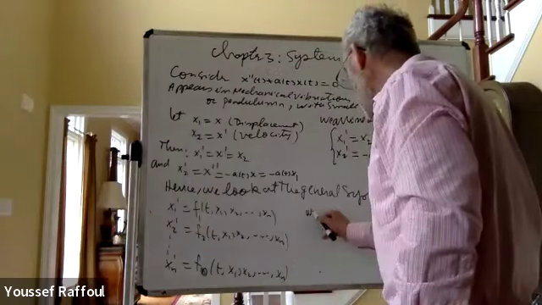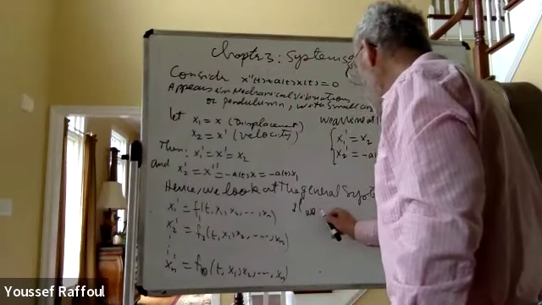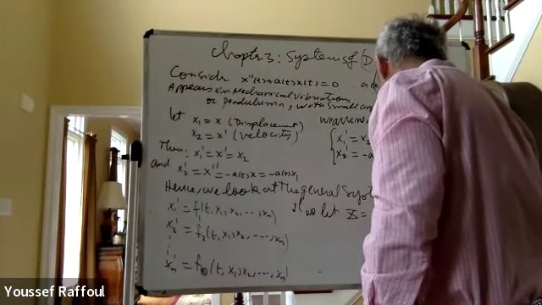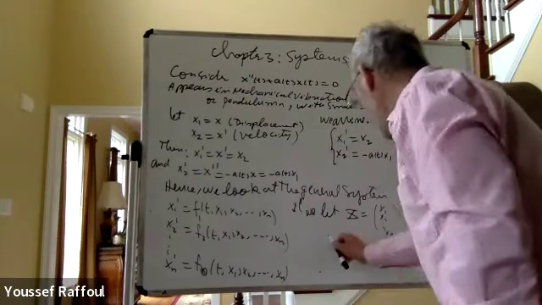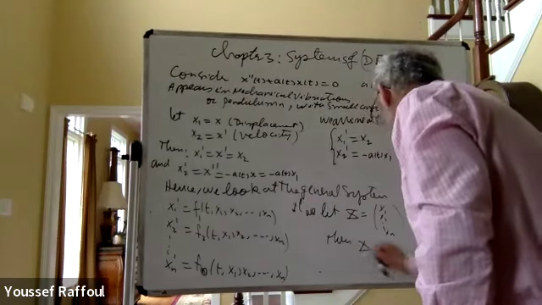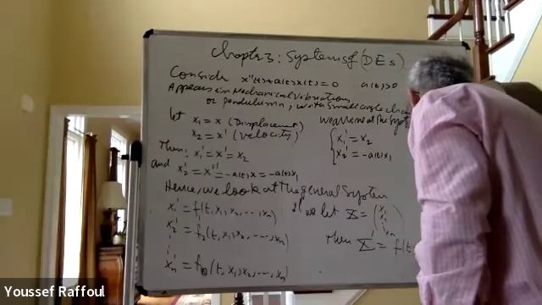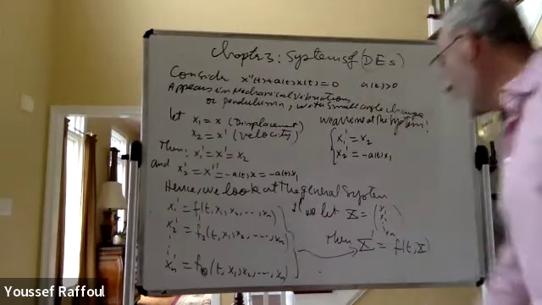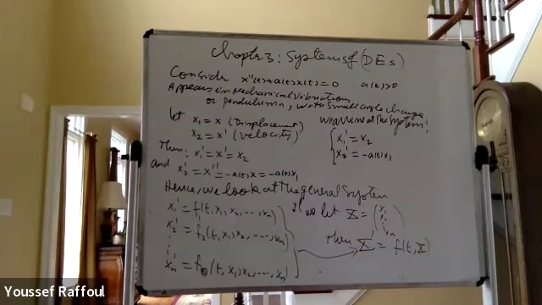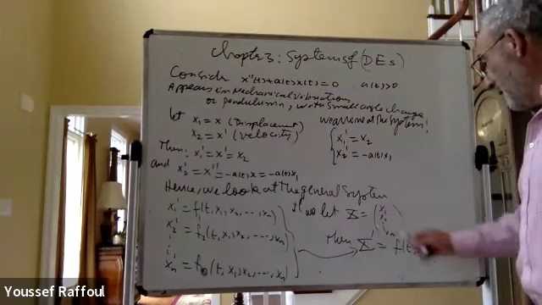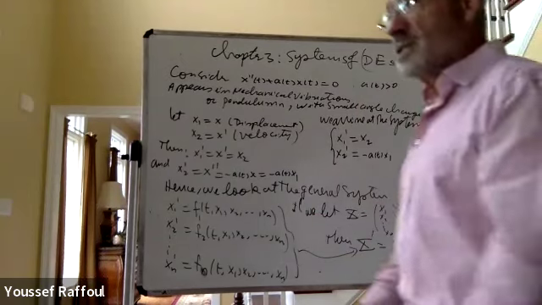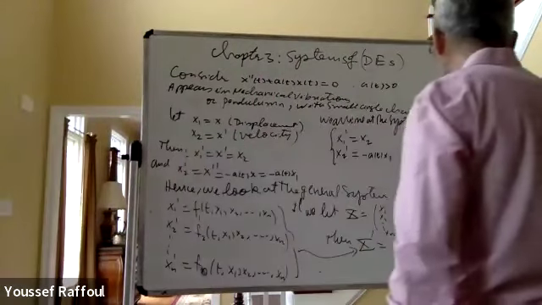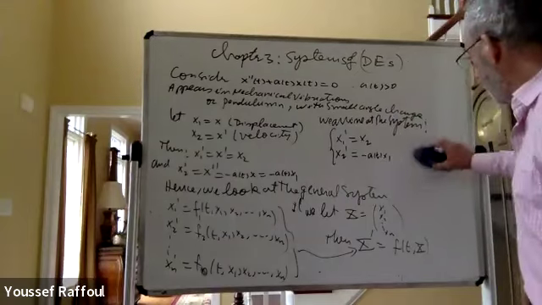Now, if we let big X equal x1, x2, ..., xn, then we may write X prime equal f of t, X. This can be written like that. If we let capital X, and I put a horizontal line on top and the bottom to distinguish it because I do not trust my handwriting. Okay?